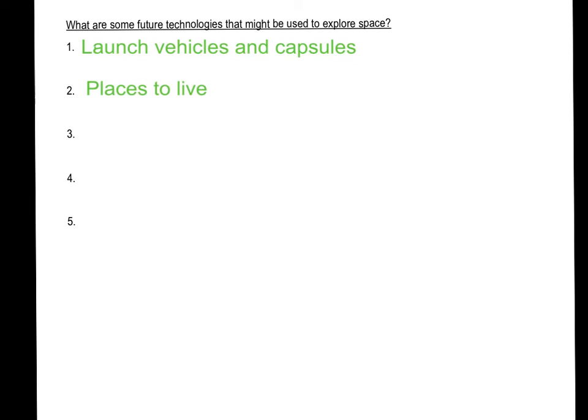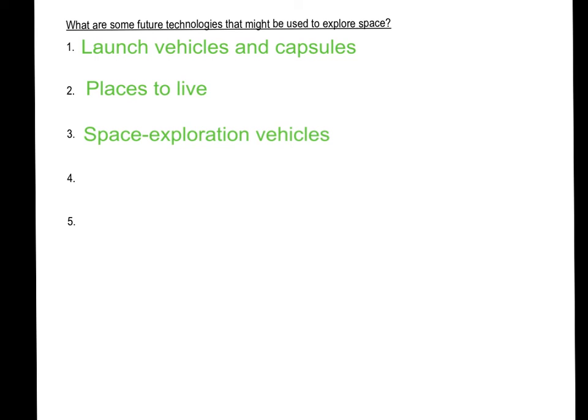The third one, space exploration vehicles. So how can we use vehicles for high gravity, low gravity? How could astronauts use them to get from place to place or to get from the moon to a planet and go further in space?